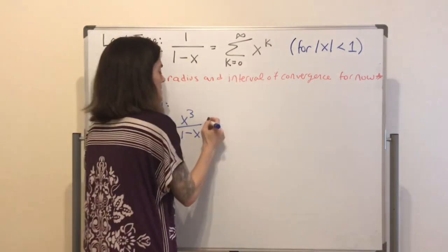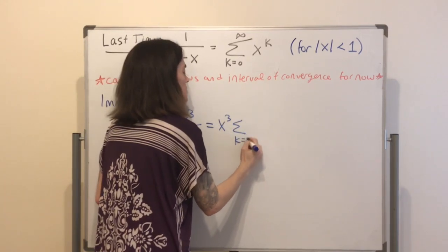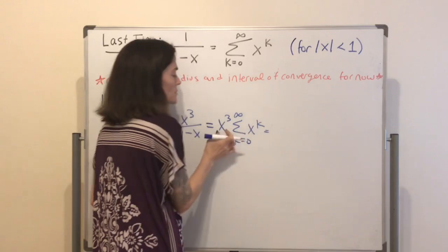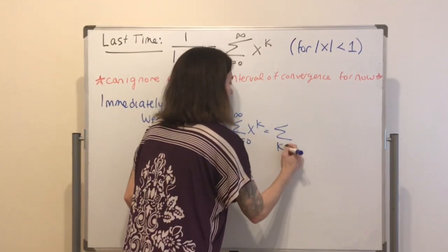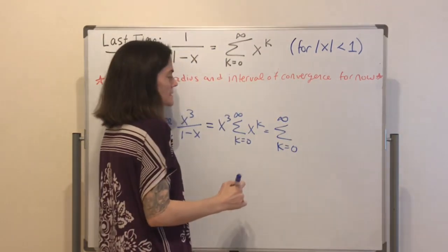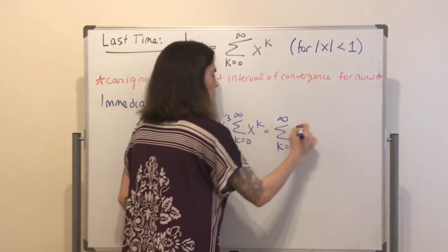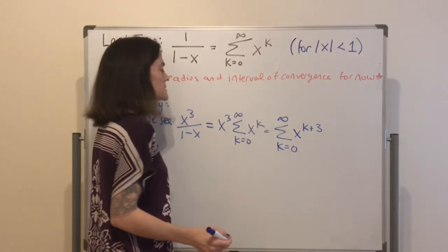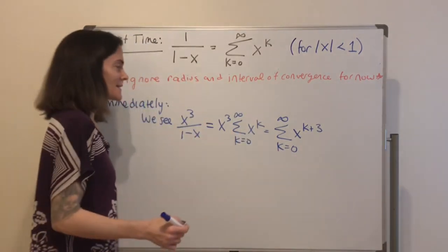Immediately, I use this. So this is x cubed times the sum k equals 0 to infinity of x to the k. Now there is no k here, so bring it inside the sum. And if we add exponents, we get x to the k plus 3. Of course, we could re-index if we wanted to, but it's fine like this.